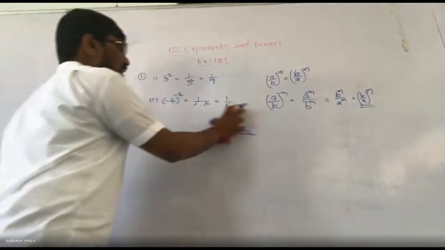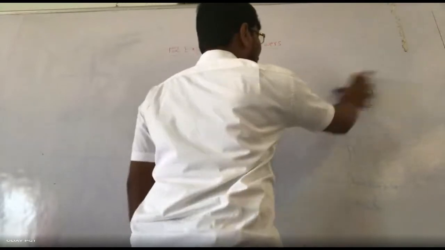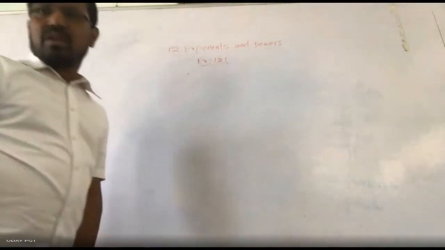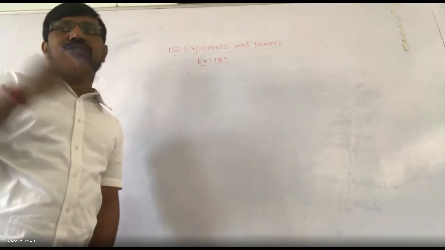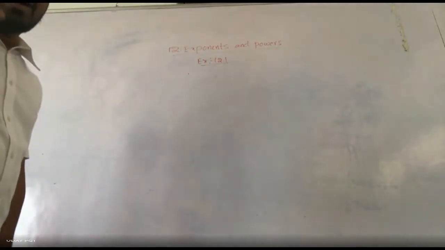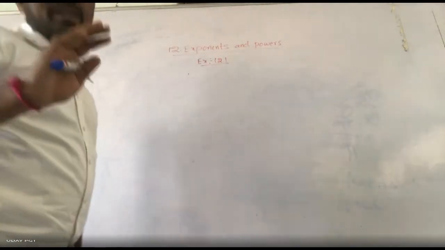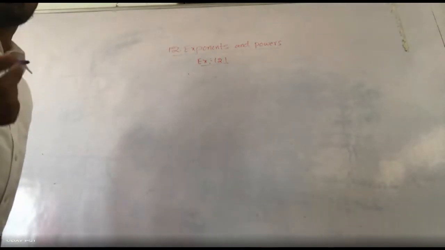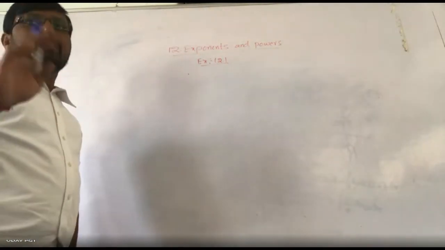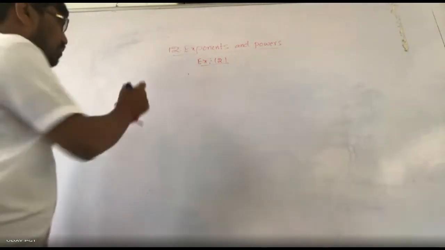Next, the second bit is given to you. Simplify and express the results in power notation with positive exponents. The exponent should be positive. Express the result in the power notation only, but you need to write a positive power.